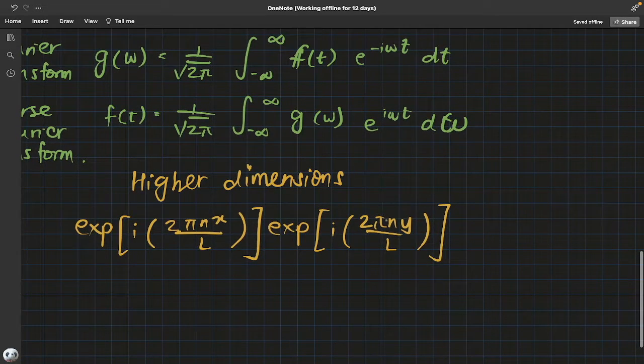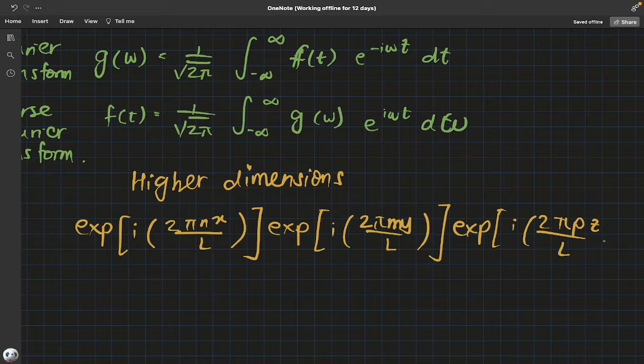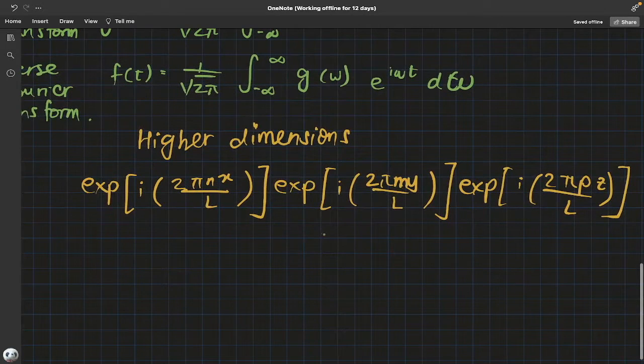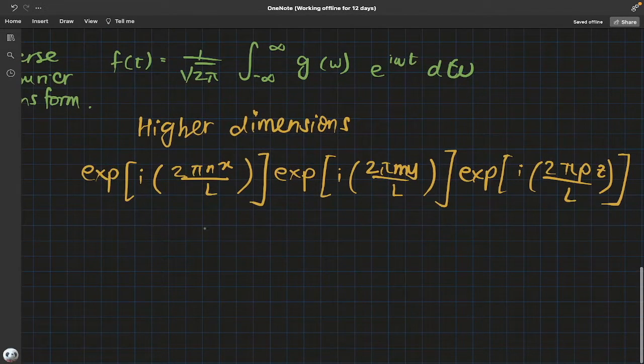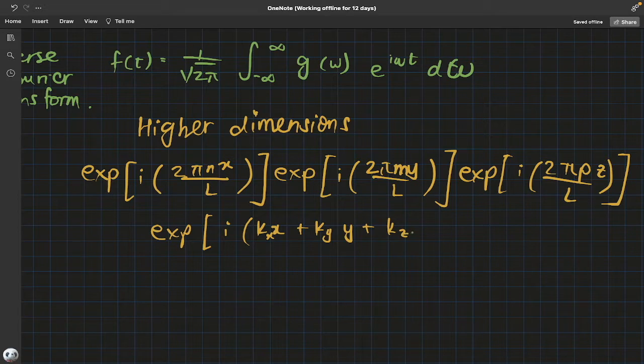And notice that I'm using m here because these numbers have to be independent of each other. So 2 pi pz over L. So we can combine them together to have i times kx x plus ky y plus kz z.